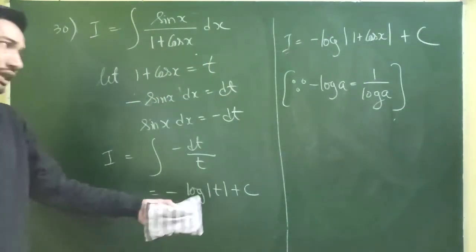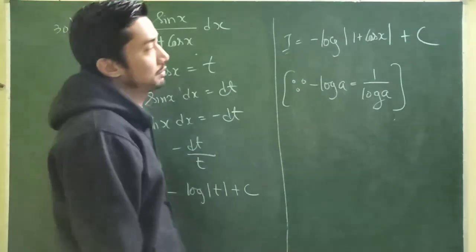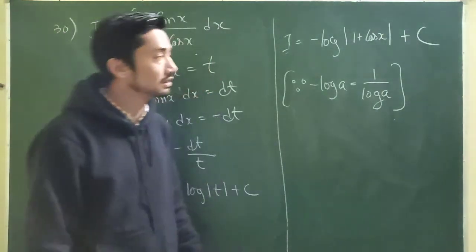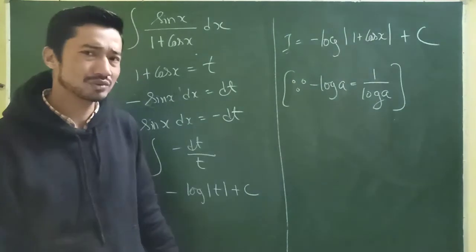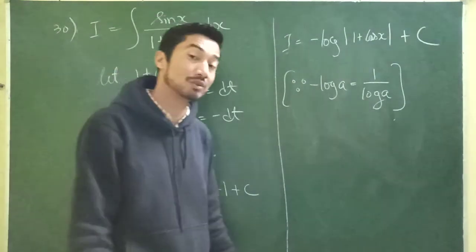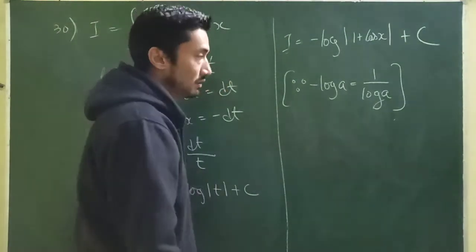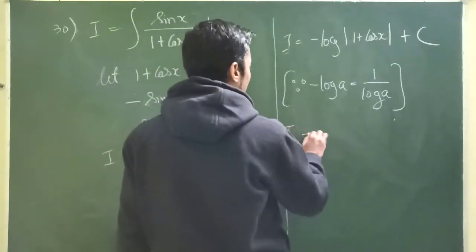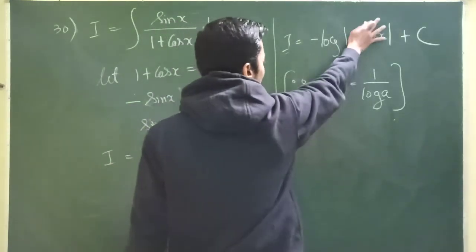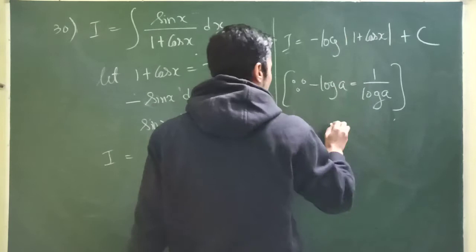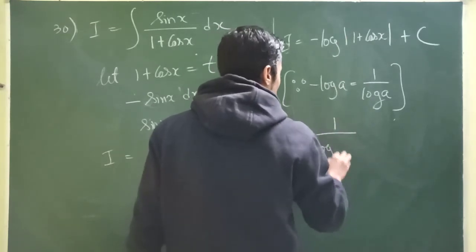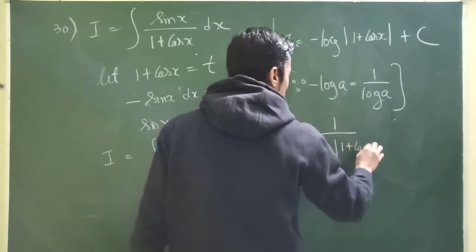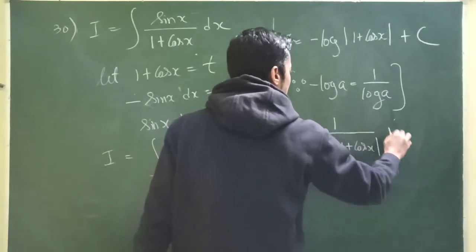I will be very soon doing a very special video on logarithm alone. There we will be learning, and most of you already know, class 12, 11, we have already done log. So then I can write, minus log a is 1 by log a, 1 plus cos x plus c.